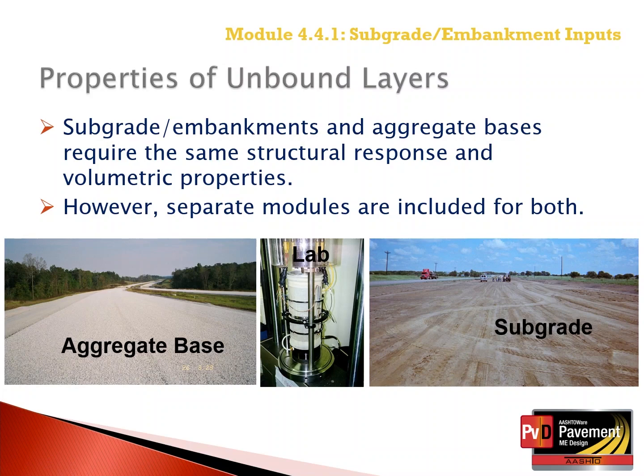As noted in the title of Section 10.5, the same layer properties are needed for the aggregate base materials, subbase materials, and the subgrade soils and engineered embankments. However, they are discussed separately in this workshop because of some differences in determining the design values of selected properties, which are unbound layer dependent.